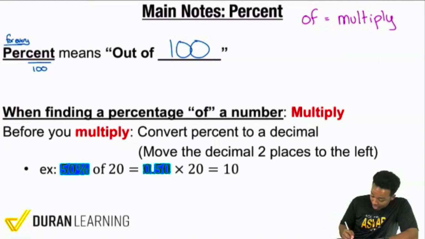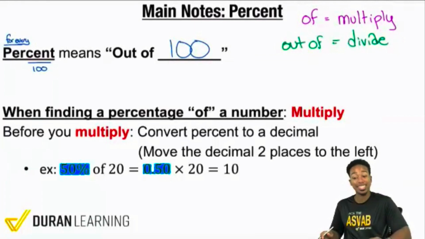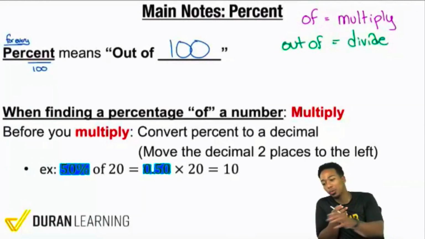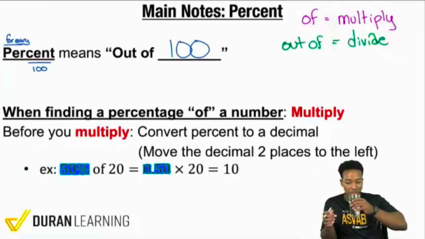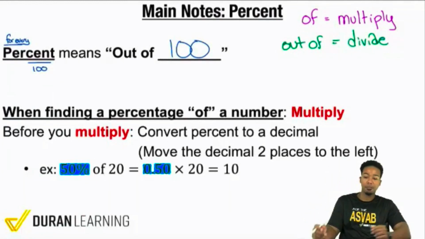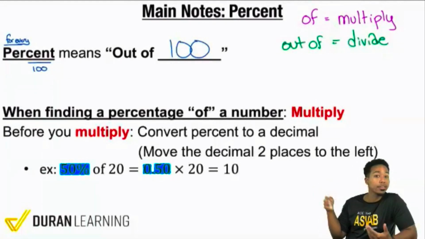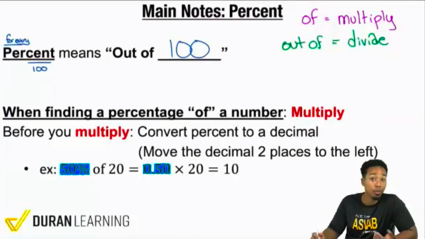The phrase out of means divide. Write that down. If you didn't know that, it's a big piece of information you're going to want to know moving forward. I don't want anybody to get confused about this, especially when you're doing word problems. Overlooking one word could make the difference between multiplying and dividing.